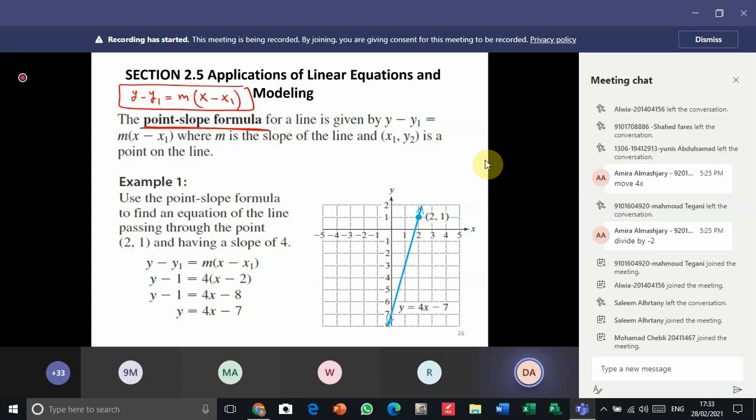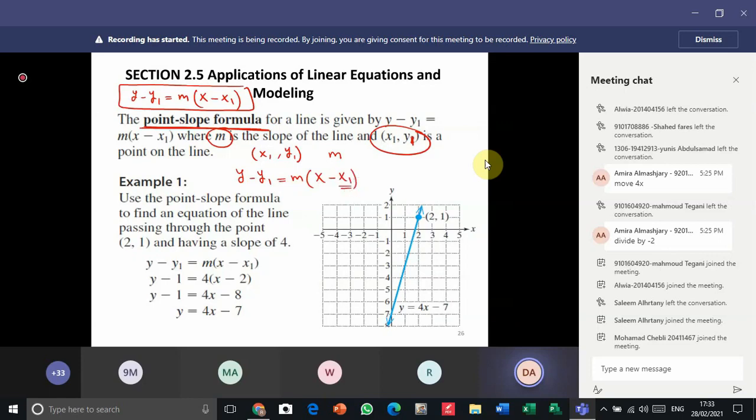So if we have the point x1 and y1 and we have the slope m, we can find the equation of the line passing through this point with slope m by y minus y1 equals m(x minus x1), substituting x1, y1 and m.